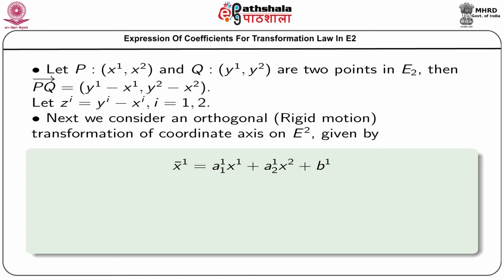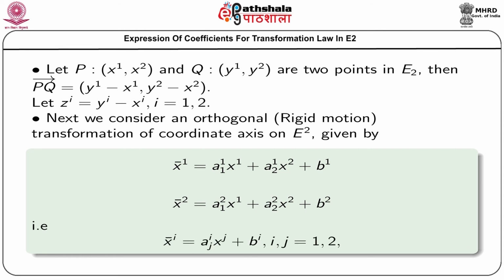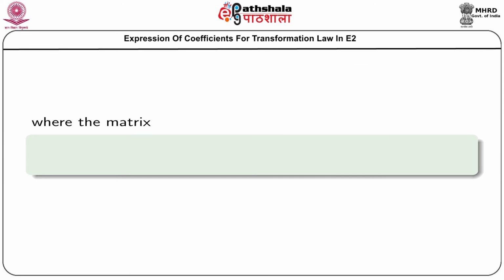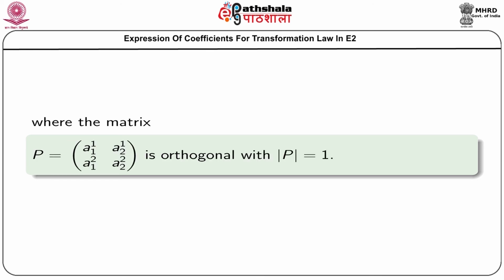So, this is the transformed x1 coordinate, and x̄2 is a^2_1 x1 plus a^2_2 x2 plus b2, which can be expressed using the summation convention as x̄^i equals a^i_j x^j plus b^i, where i and j are running from 1 to 2, where the transformation matrix comes to this form a11, a12, a21 and a22, and as it is an orthogonal transformation, this matrix is orthogonal with determinant equal to 1.